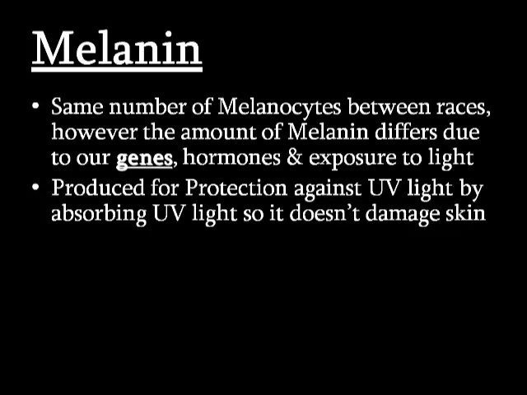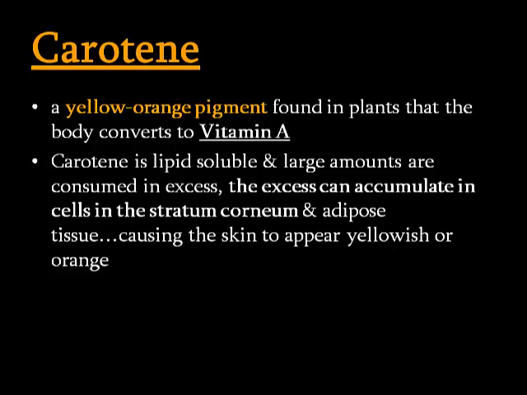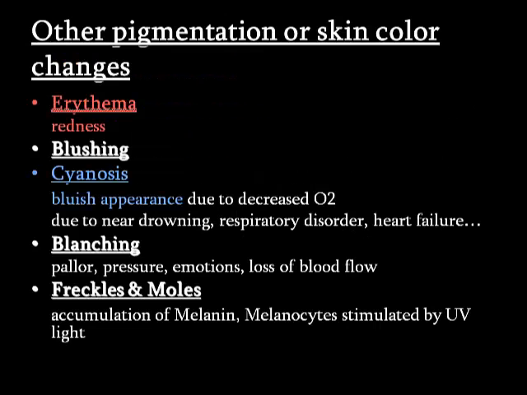What determines the activity of melanocytes is genes and UV light exposure. Again, the primary factor determining skin color is your genes. Other terms that relate to changes in color of one individual would be erythema, cyanosis, blanching, and blushing.